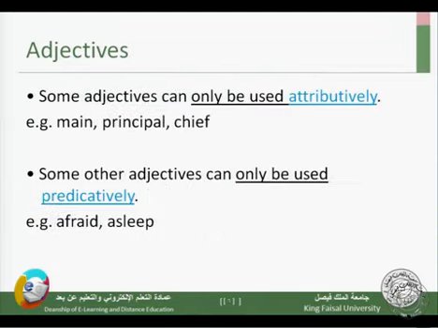But there are also some adjectives that can only be used attributively. So they can only be used before the noun. They can't appear after the noun in the predicate. Some examples of these adjectives are main, principal, and chief. So we say the main reason is this and that, or this is the main reason.